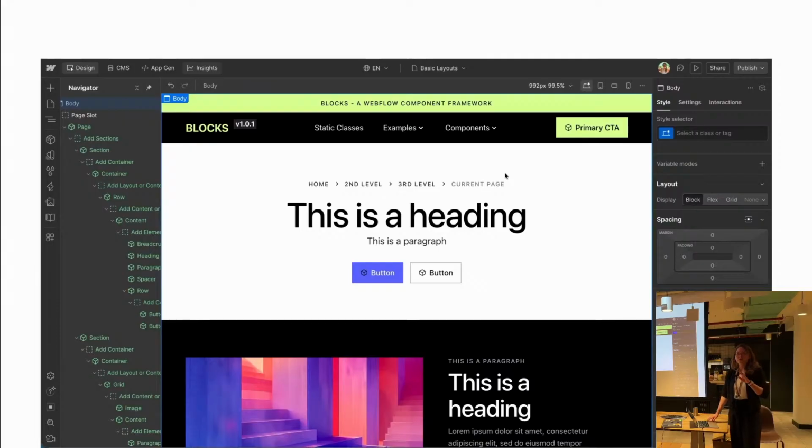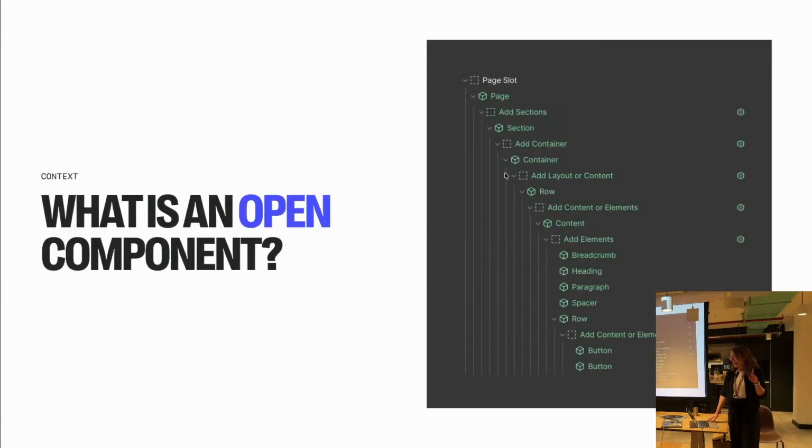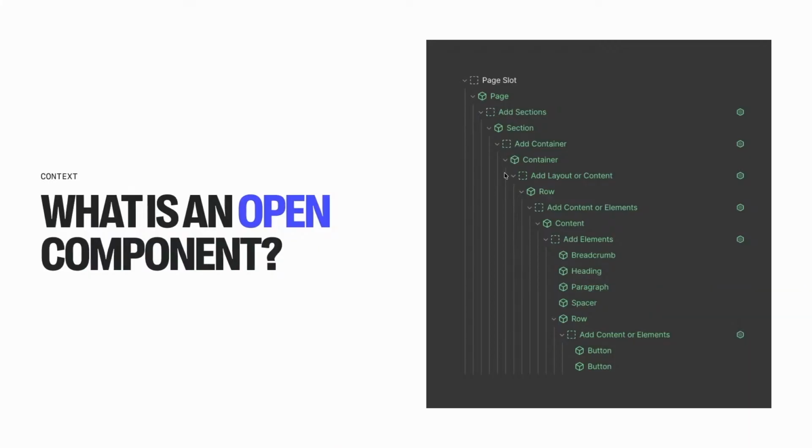Just to cover some basics, there are mainly two types of component builds that you can lean towards. The first one is often referred to as open components. These may be elements or layouts, but the majority of them have a slot inside of them, so you're nesting components one inside the other.